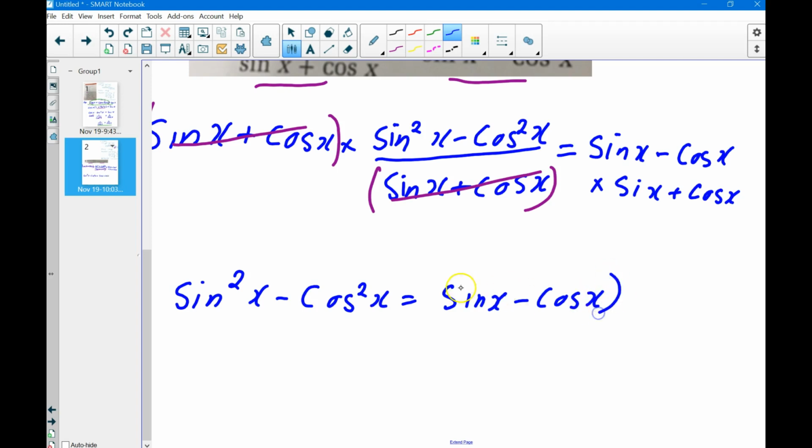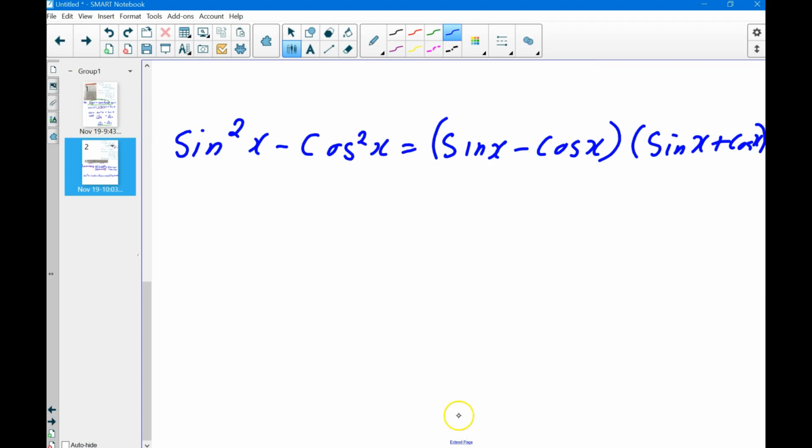I'm going to put this in brackets so you see it easier, times sine x plus cosine x. Now, the reason I did that is because multiplying these things here, I'm pretty sure you've seen this before, we're going to do the FOIL.